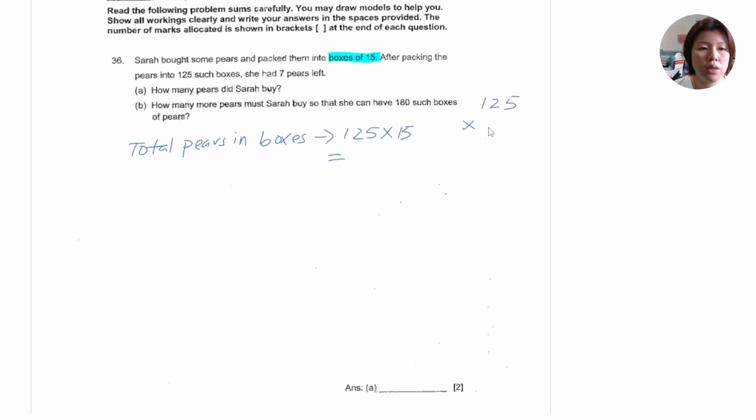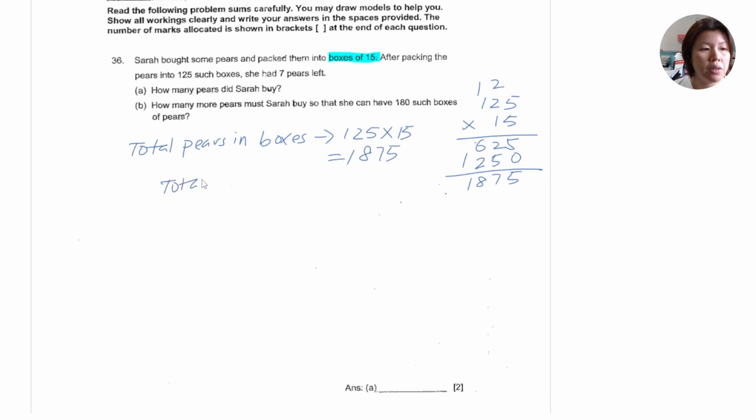Show a fast working. It is 1875. So I have 7 pears left.